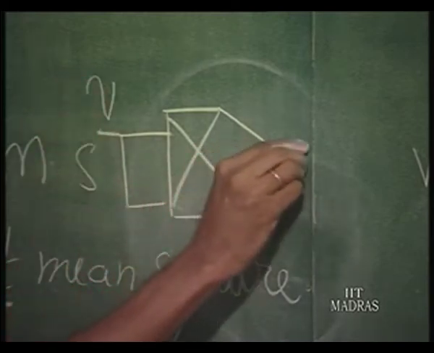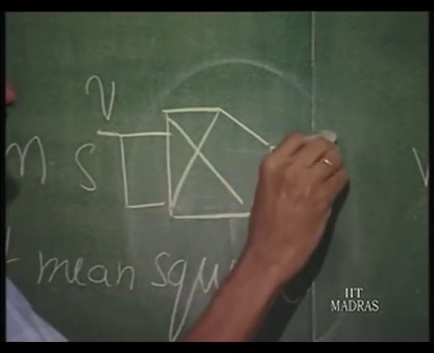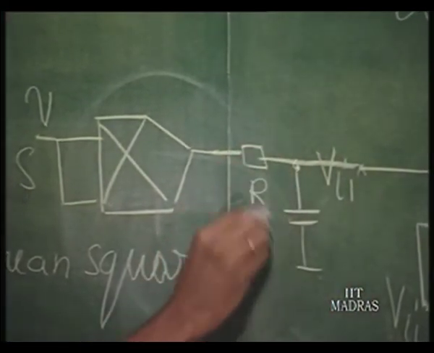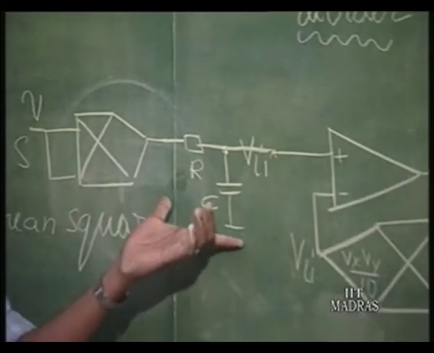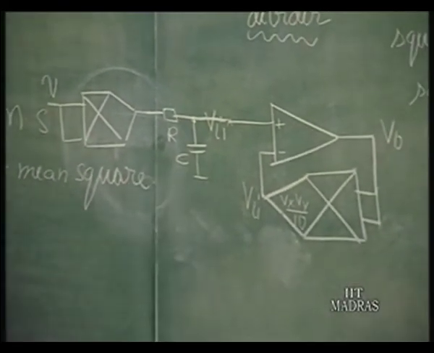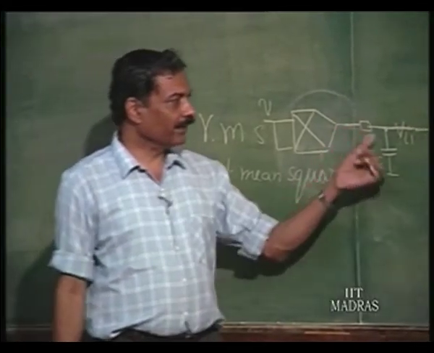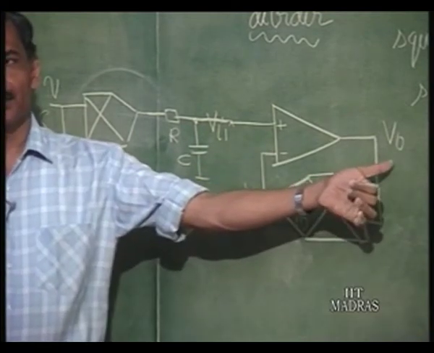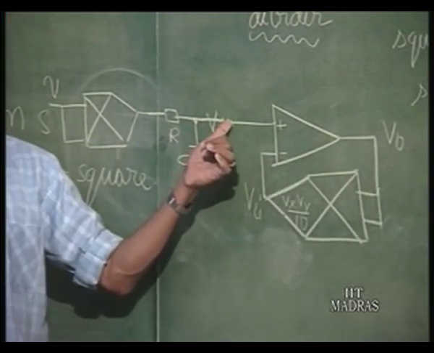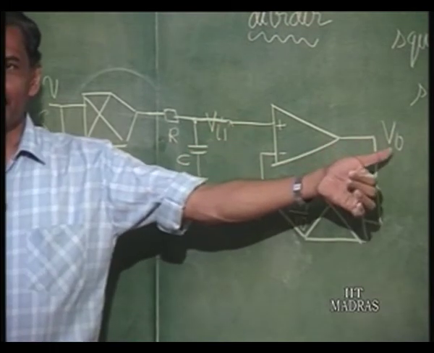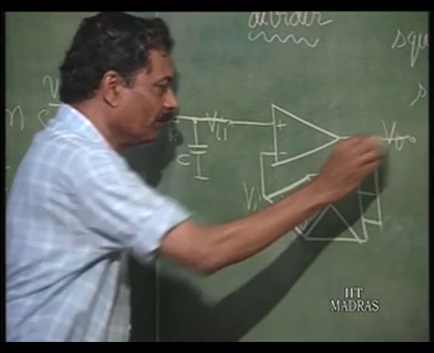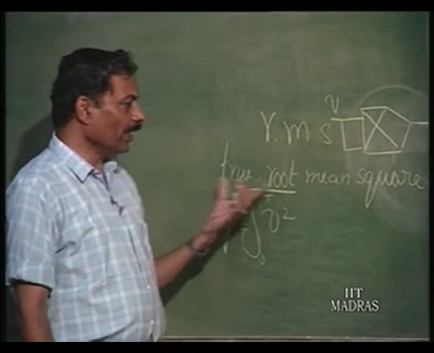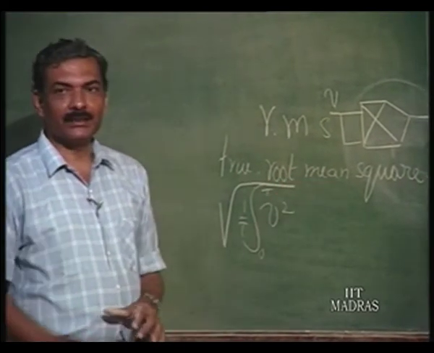This is V, so you get the square, then the averaging circuit. You can take an RC time constant, which is nothing but a low pass filter that will do the integration. This averaging is a DC, and you will now take the square rooting of that. So, this complete circuit is a very useful tool called a true RMS, root mean squared, indicator.